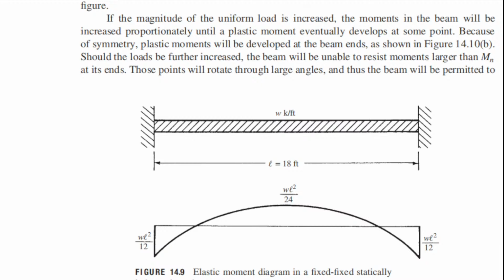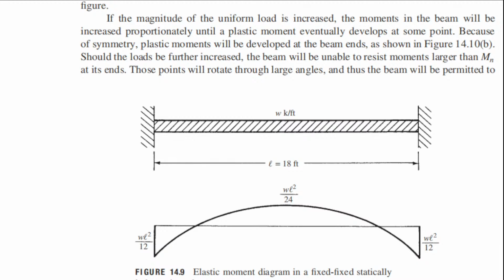So 2 times 18 squared divided by 12 is 54. Okay? The moment is 54. So if the maximum moment that is allowed is 20, just like what I've said, it cannot go to 54.